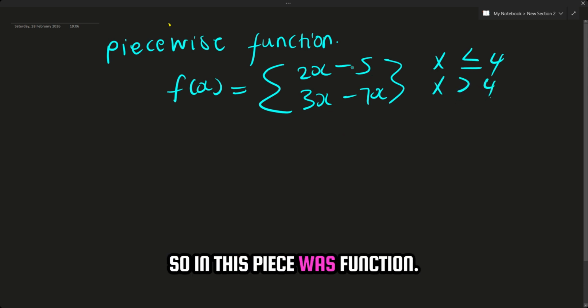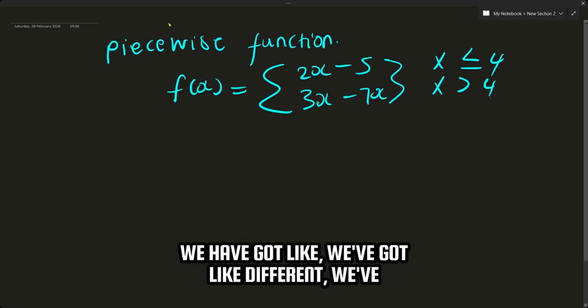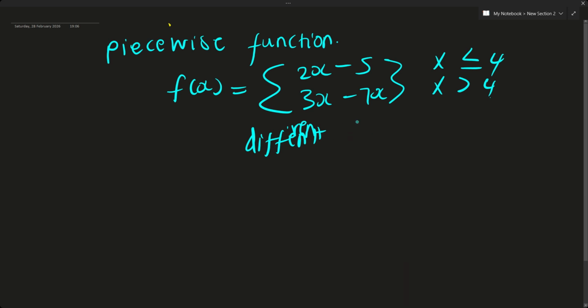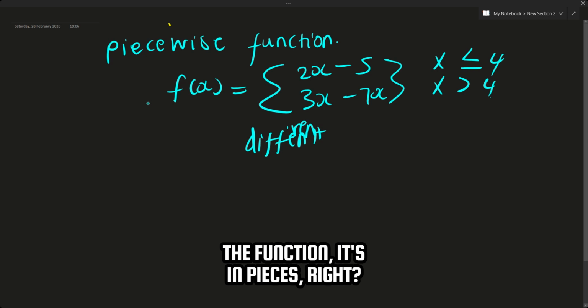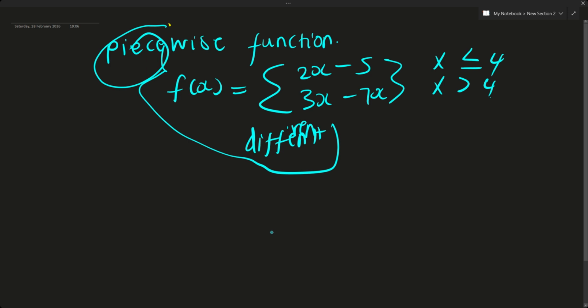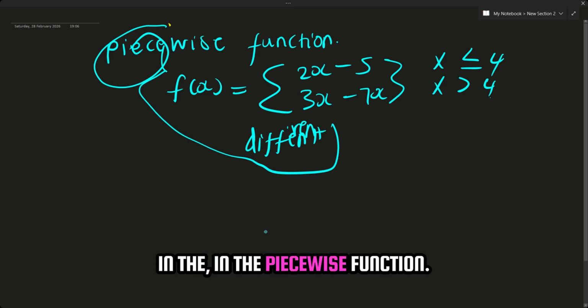So in this piecewise function we have got different pieces, right? The function is in pieces, right? That's what happens in the piecewise function.